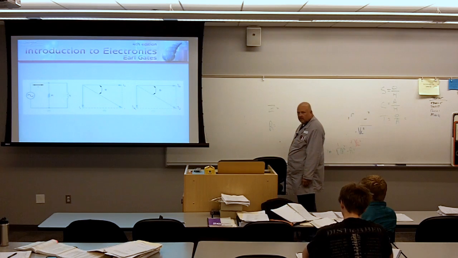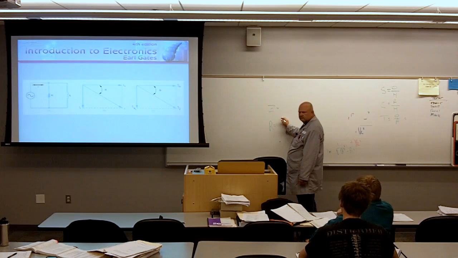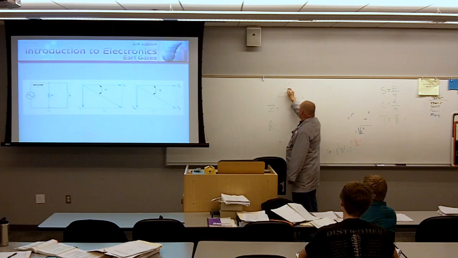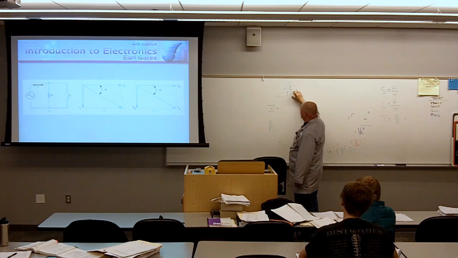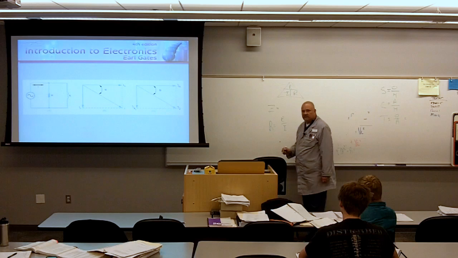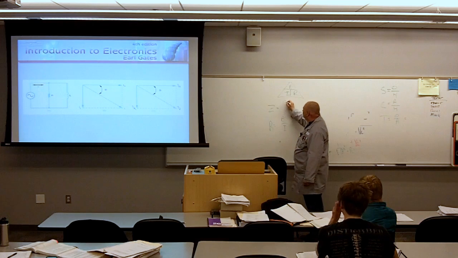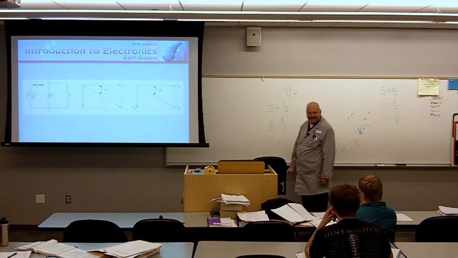Ohm's law. Voltage over current. E-I-R, R is E over I. Does that make sense? So if I'm dealing with an AC circuit, impedance is going to be equal to what? E over I.